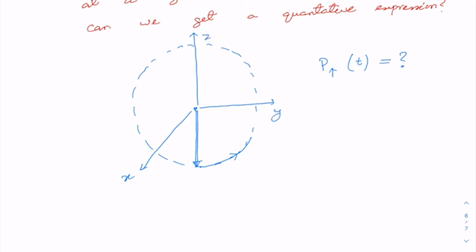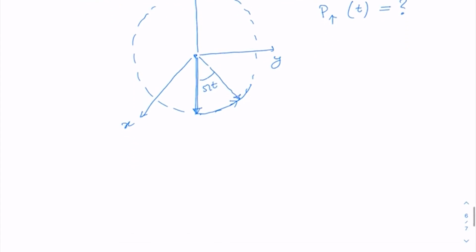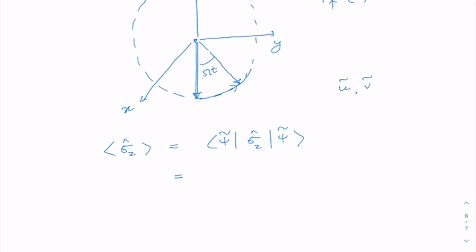After some time t, suppose this is the angle the Bloch vector makes, that is omega t. So we know the expectation value of sigma z, if we calculate it in the u tilde, v tilde basis, that means psi tilde sigma z psi tilde, we can work it out like this.